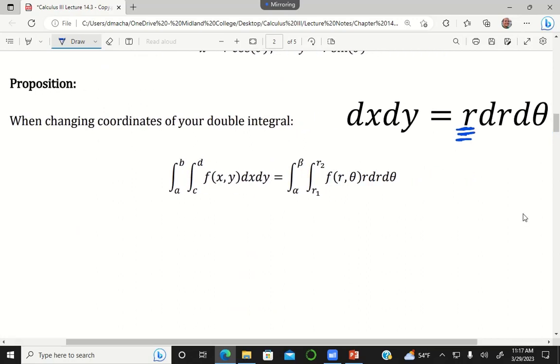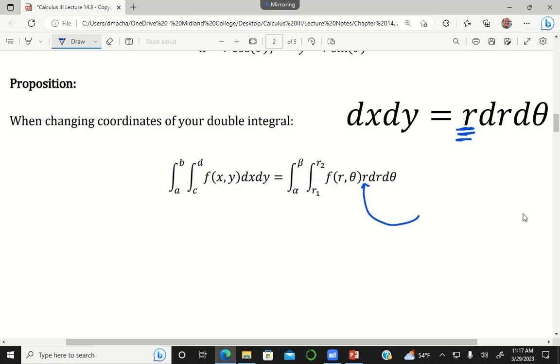I think it might be a common mistake among students to forget that, but you will not get the right answer if you forget to throw in a little extra r. So dx dy is equal to r dr d theta.